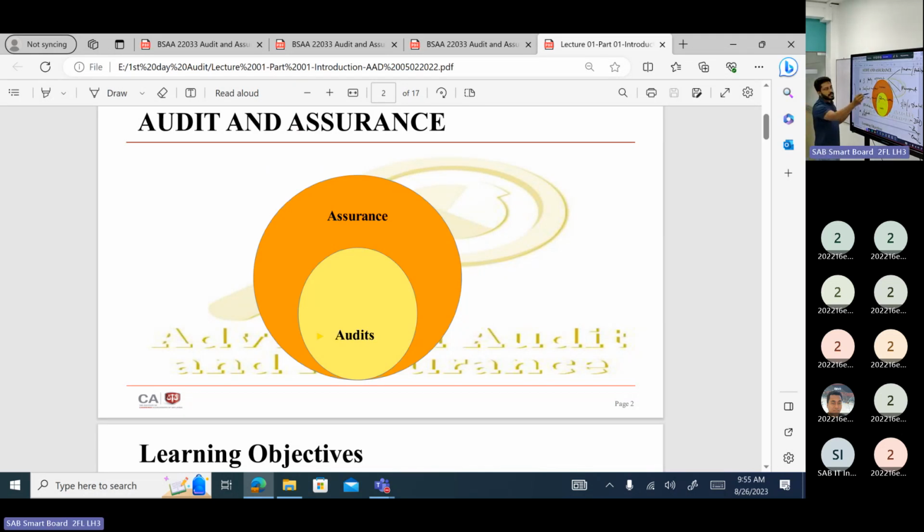What's the subject matter then? Subject matter is the financial statement, right? Criteria, which framework? Standards. Assurance standards.